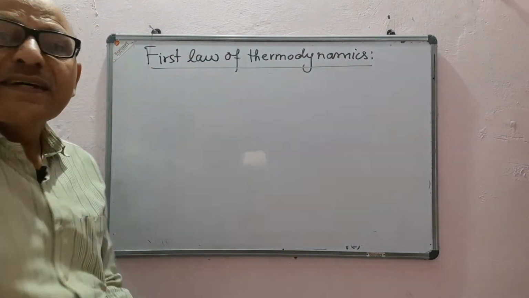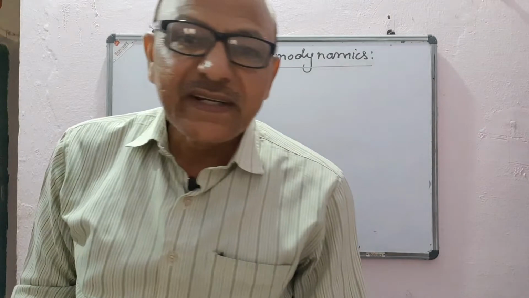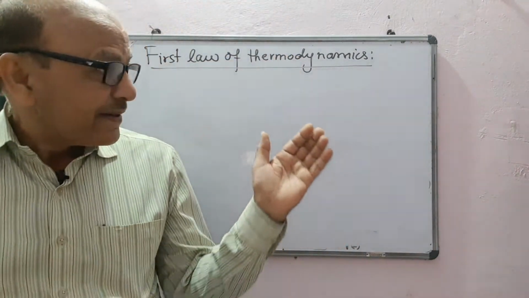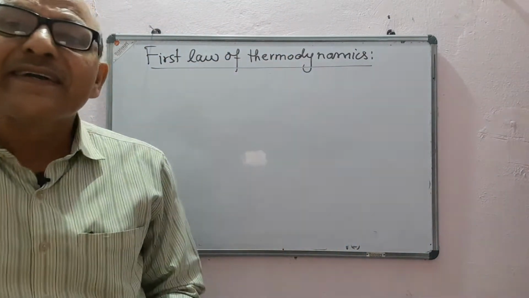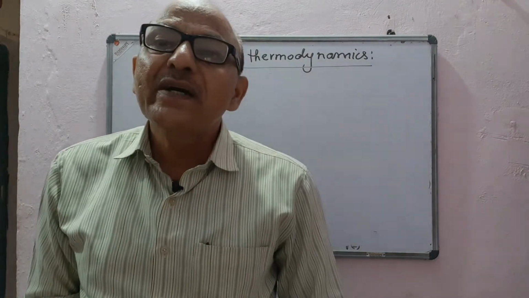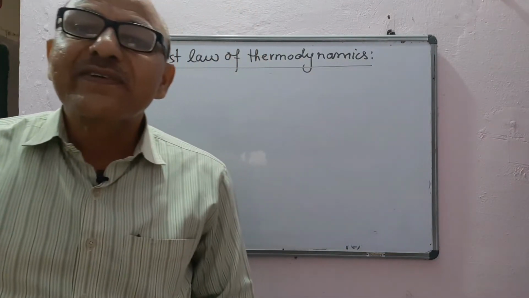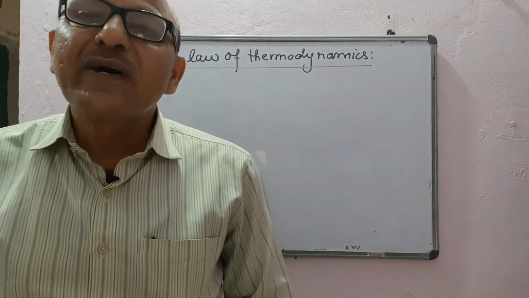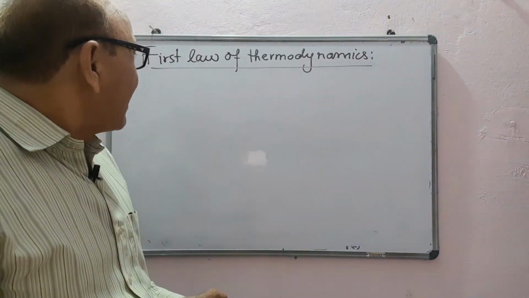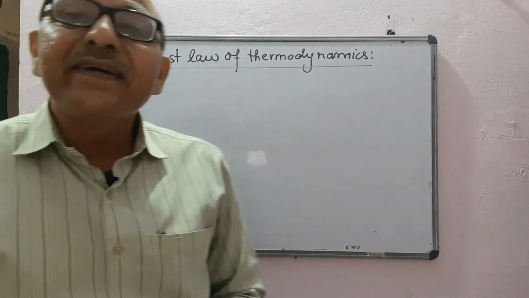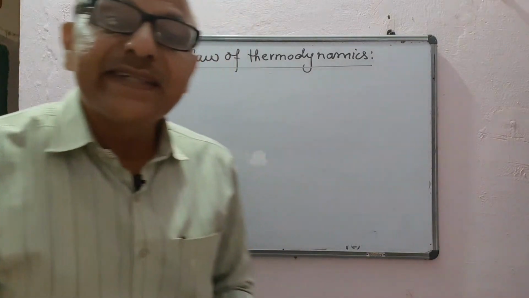This law is based on the law of conservation of energy, and it states that the total heat given to the gas in a closed system is equal to the sum of the external work done and the change in internal energy of gas.